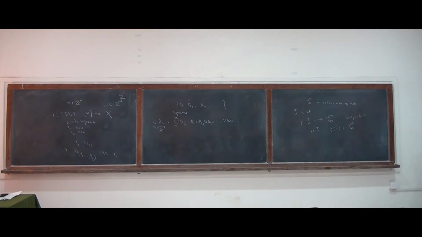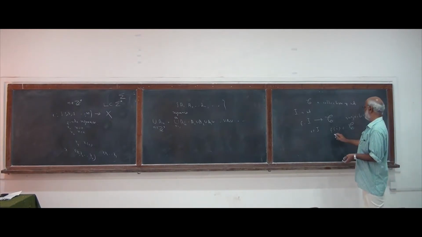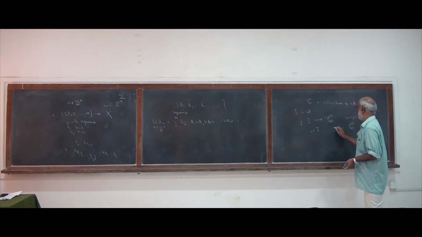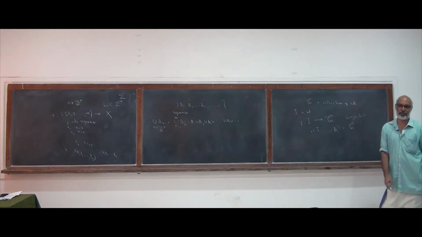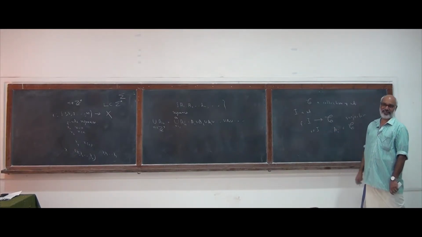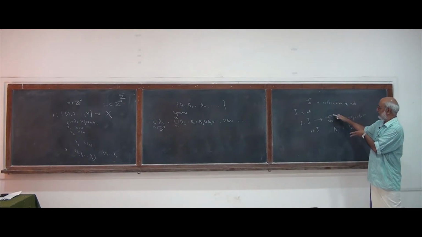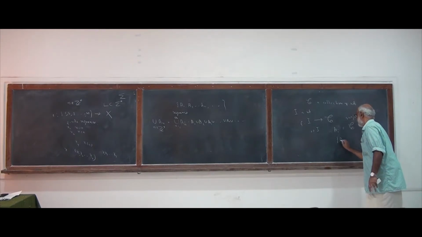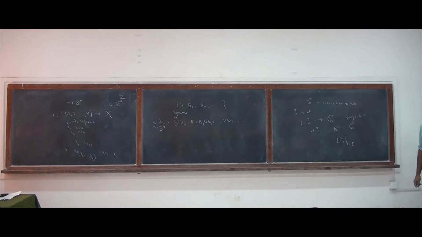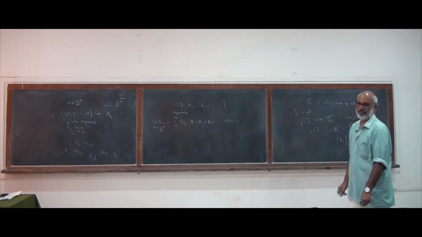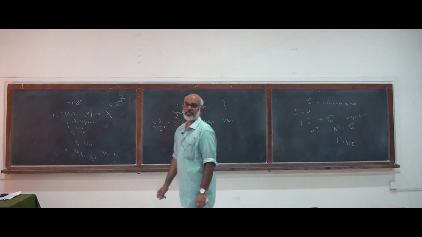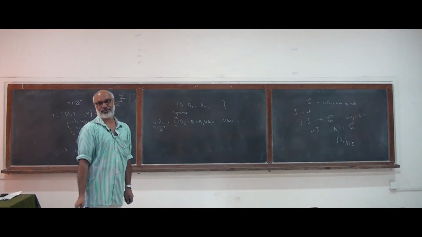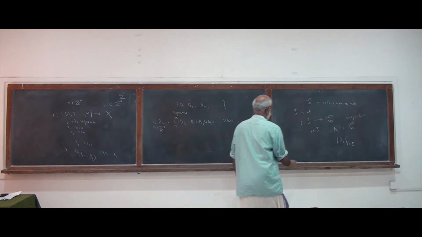In that case, instead of writing F of i, the F of i may be denoted by a subscript i, where i is any element of I. And all elements of this collection can be written in this form. In that case, we use this notation for writing the collection. This is called an indexed family or indexed collection of sets.